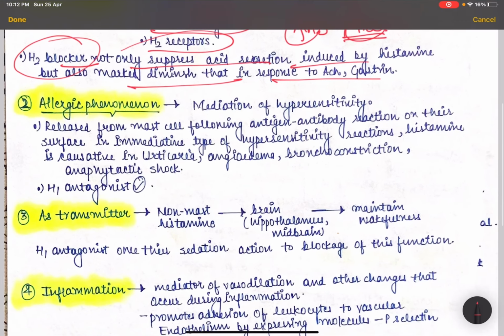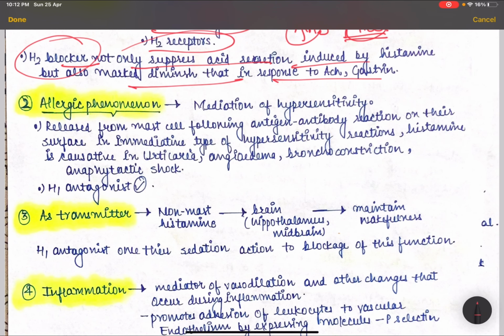So now the action on allergic phenomena. Mediation of hypersensitivity reaction was the first role that was assigned to histamine. It was very important, but it is not the only mediator of this kind of phenomena. When they are released from the mast cell, they follow an antigen-antibody reaction on the surface, which is mediated by IgE type of antibodies.